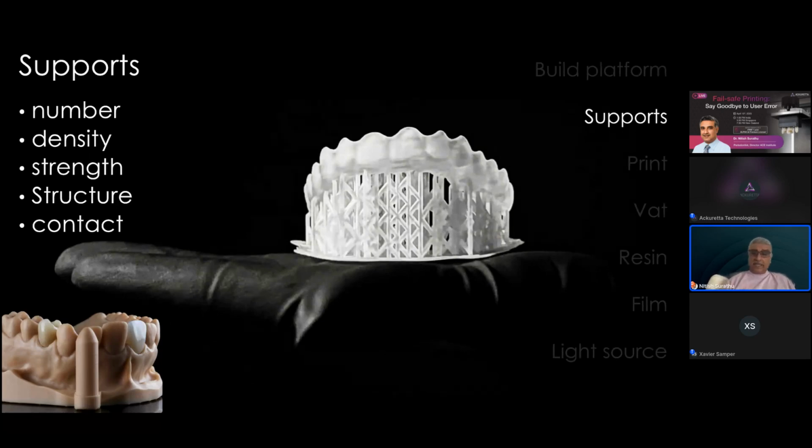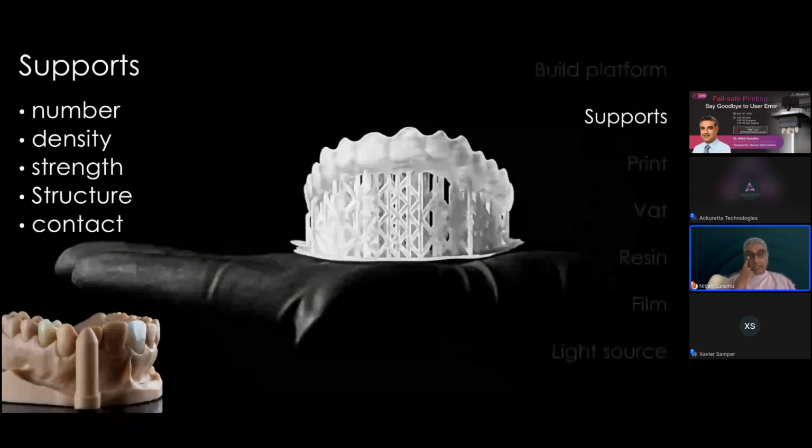And finally, the supports contact the actual print at a contact point, and you can define that as well in software if you want to. It's not something I recommend you do, but if you know what you're doing, it is something that you can certainly play with. I played with the print yesterday to get a better print myself. So it's something I totally understand how to do, but it may not be something you want to do. But supports are critically important.